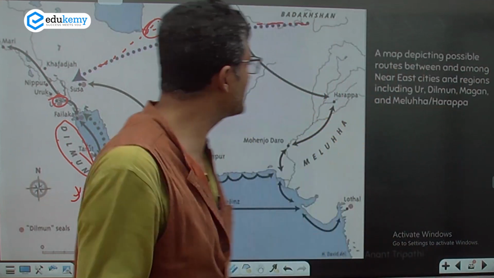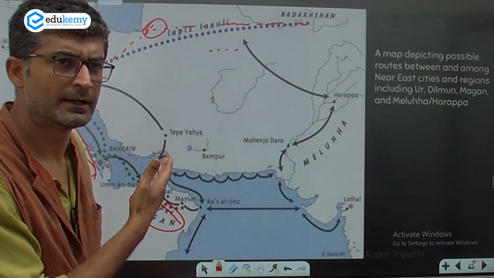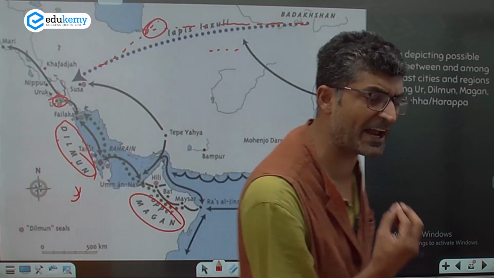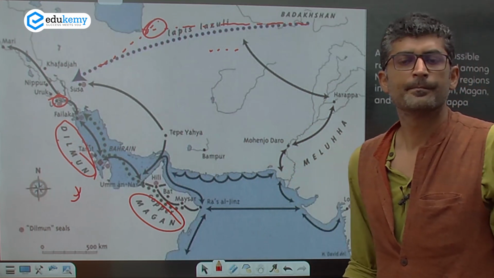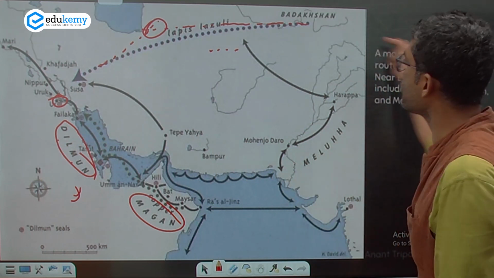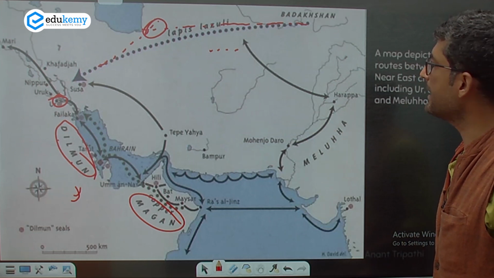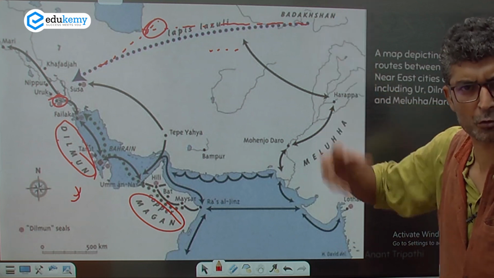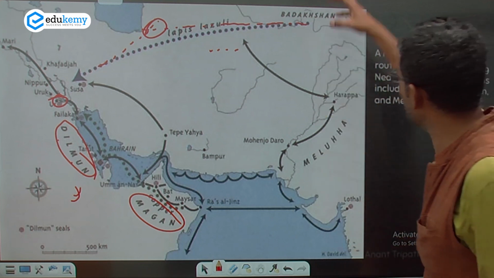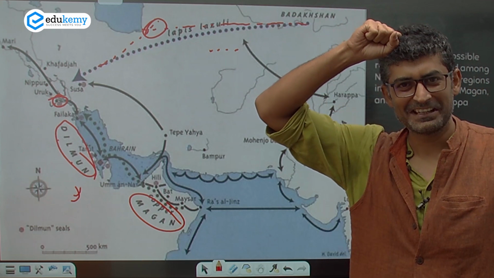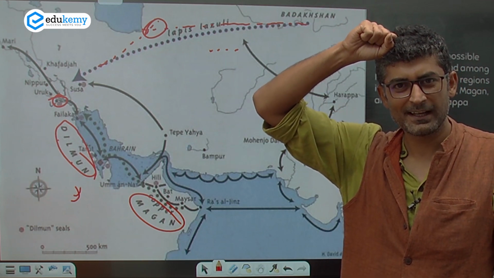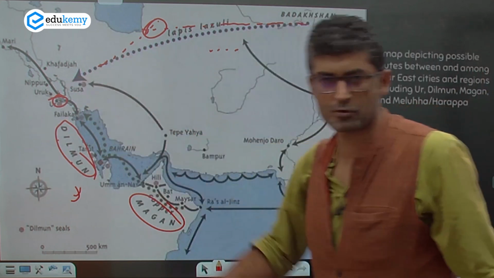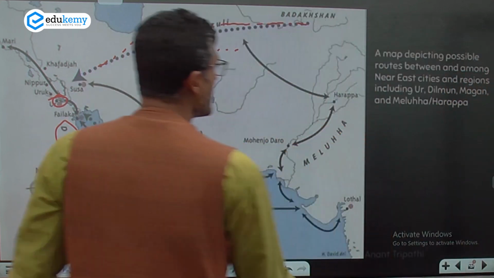It's called Altyn Depe. It has recently shown a lot of evidence of this trade route, right? So from northern Afghanistan, where they had Shortugai, the Harappans would acquire this lapis lazuli and all, and they would supply it to these people here. This was one route.